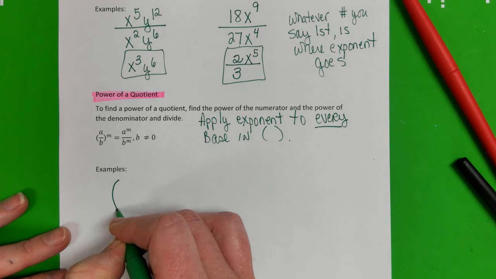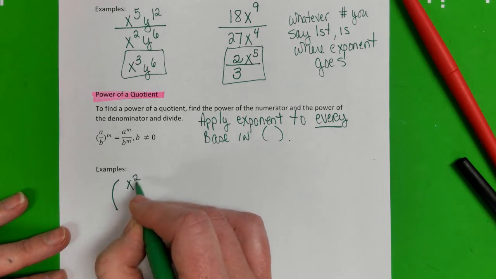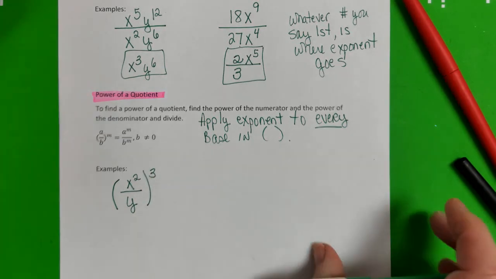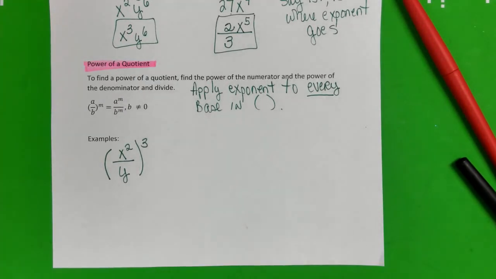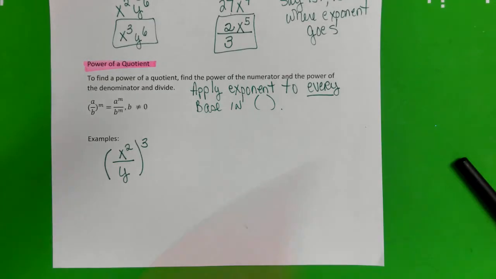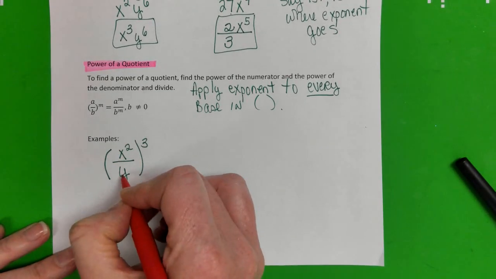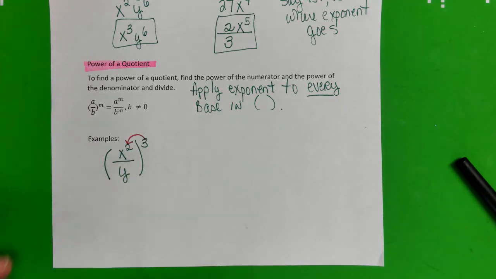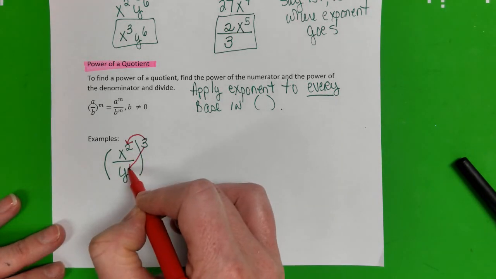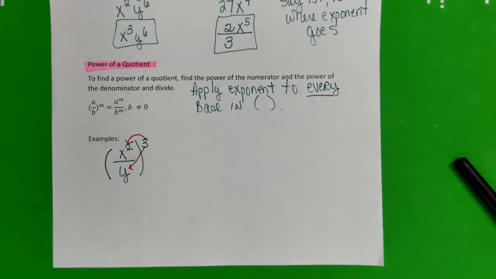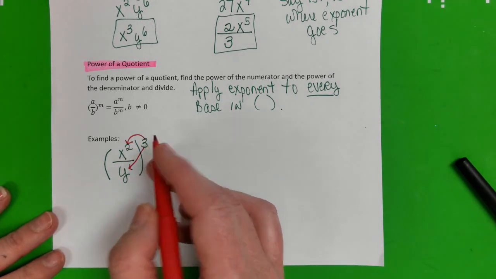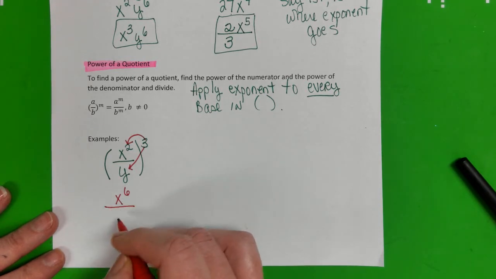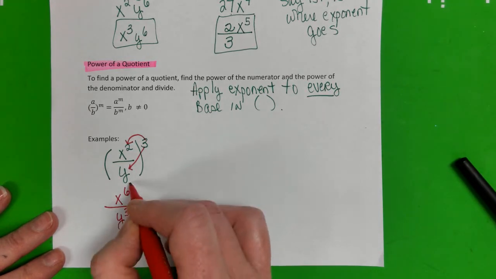So here's an example. x squared over y to the third power, all to the third power. Now we're going to start using some of our multiplication rules here as well. So I have two bases. The exponent of 3 goes to the base x, and it goes to the base y. So x squared to the third power will be x to the 6th over y to the 3rd.